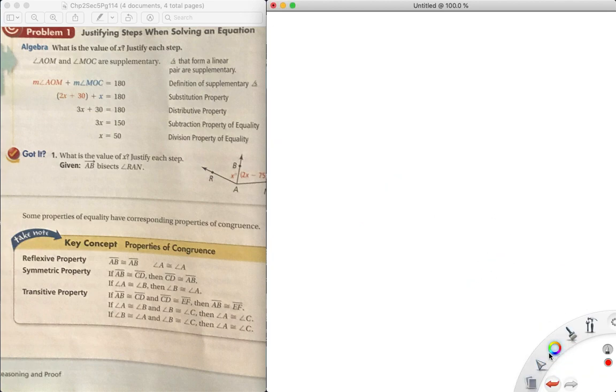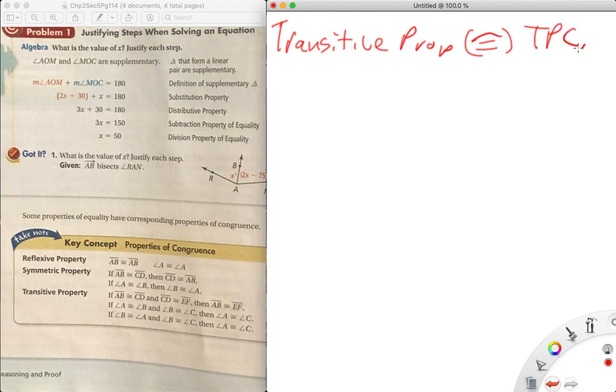We also have the transitive property of congruency. I called it TPE for equality. I'm going to call it TPC for congruency. Transitive property of congruency, or TPC. It says this, and it works for segments and it works for angles.